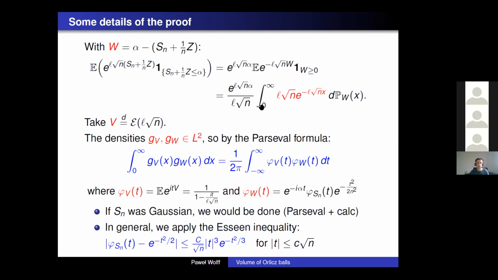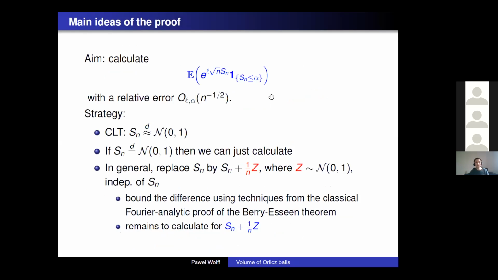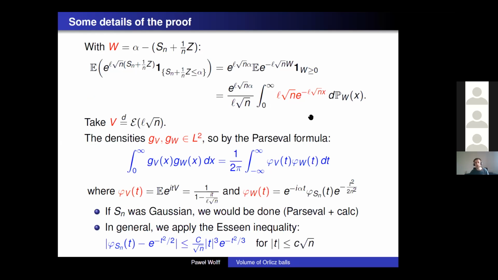We have just the integral. Because of the indicator, this is the integral on the positive half line, and we integrate this exponential function here.